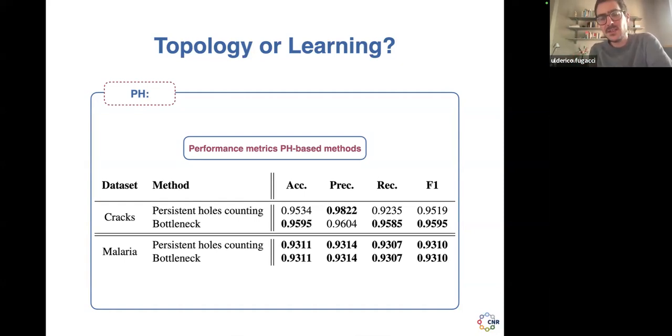I was a little bit surprised that, in the end, simply applying persistent homology performs with pretty accurate and good results. I expected that by applying simply persistent homology, we would obtain something with a lower accuracy. Instead, we obtain definitely good results. So this is a first surprising fact, at least for me. Of course, this is deeply affected by the choice of the data sets and the possible limitations that we discussed before.